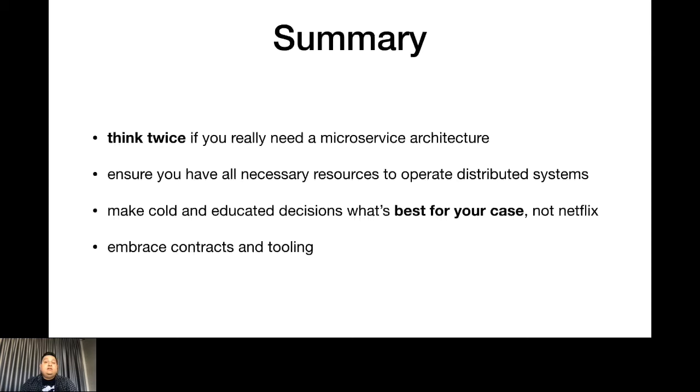So research what is best for you, not others. And also, don't be afraid to define contracts, define standards, and embrace tooling around that to speed up your development process.